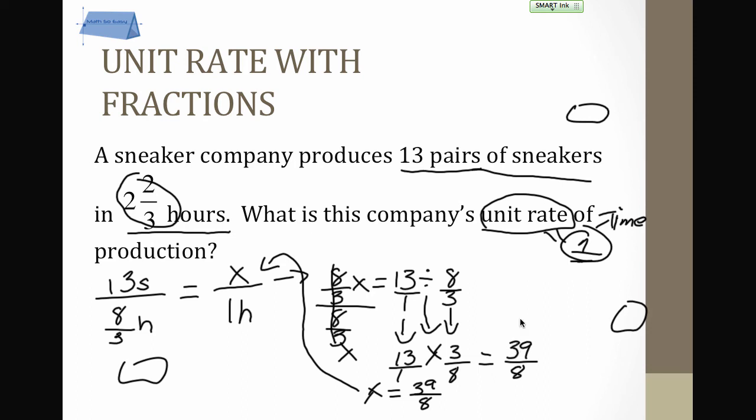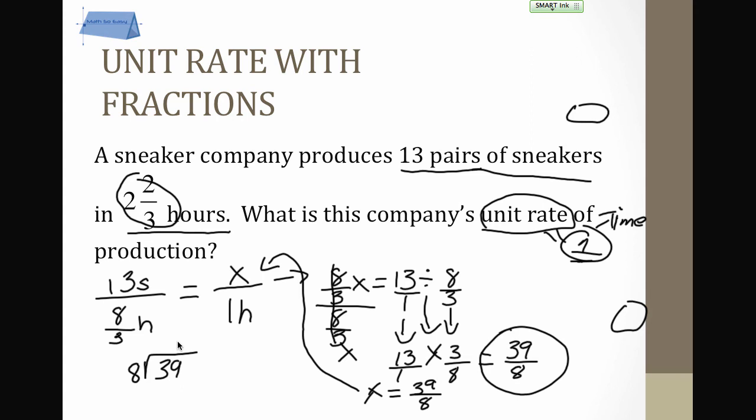So how do I do that? Okay, so let me go over here. This here is a division problem. We should already know how to change fractions into a division problem. So this is just 8 on the outside, 39 on the inside. 8 goes into 39. How many times?